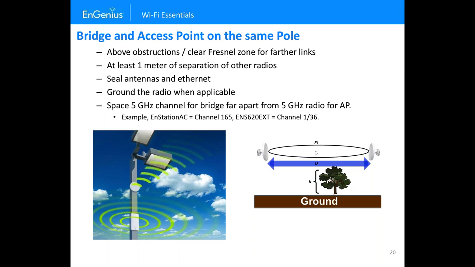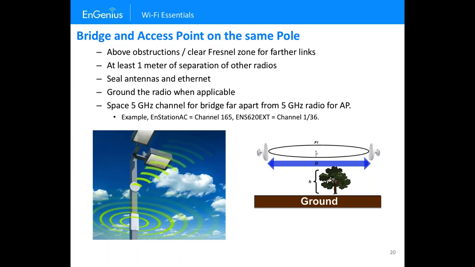So same rules apply. Try to make it clear line of sight. Again, ultimately, it's your signal strength and signal to noise. If you've got a great signal, it doesn't really matter. If it's a short distance, you can get away with having some things in the way a little bit.